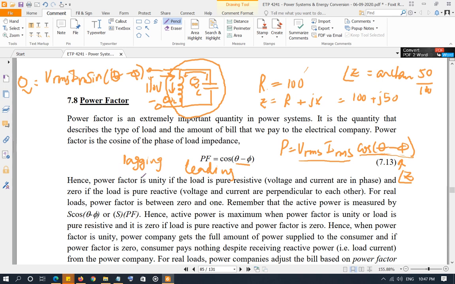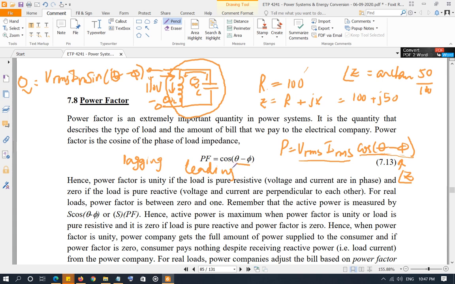But if you add lagging, then you will know that this is due to the inductive load. And if you add leading, that means the power factor is due to the capacitive load, because current leads voltage in the capacitive loads. All right, so this is the story of power factor.